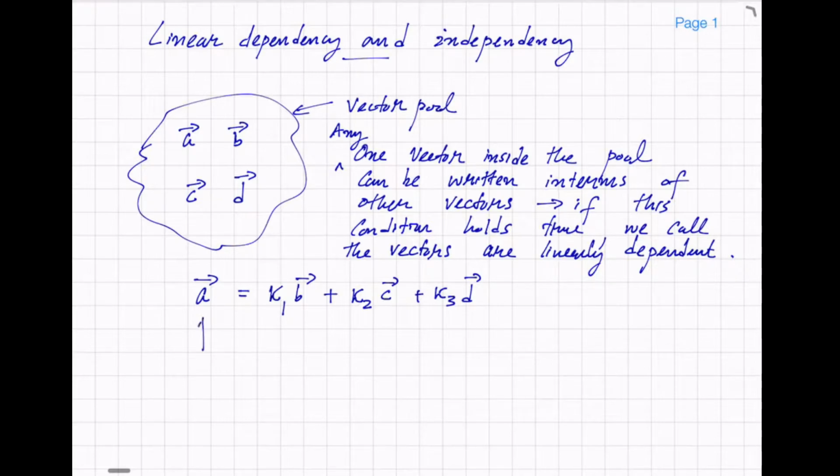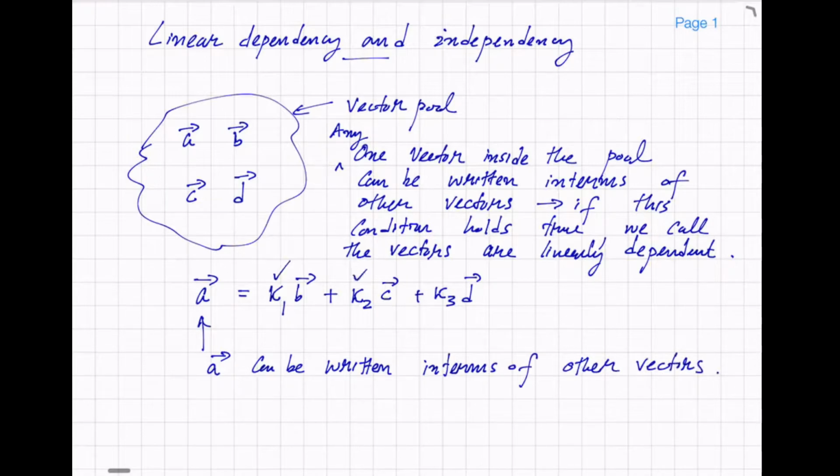A vector can be written in terms of other vectors. Obviously we have to involve k1, k2, k3. Those are constants. We can't just write A vector by B, C, D itself. There should be coefficients involved in this.